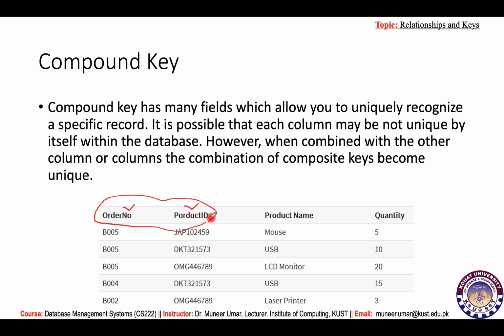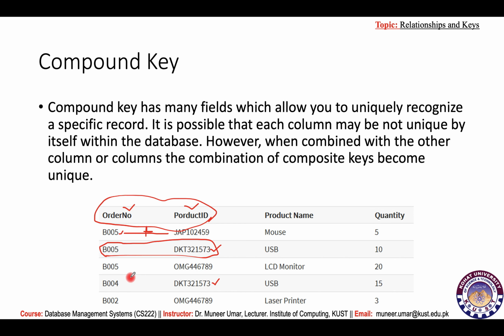Now under order number, B005 is repeating. Also under product ID, this value is repeating. Here DKT is repeating, so this might also repeat. Now if we combine these two attributes, then these combinations will not repeat in the table.